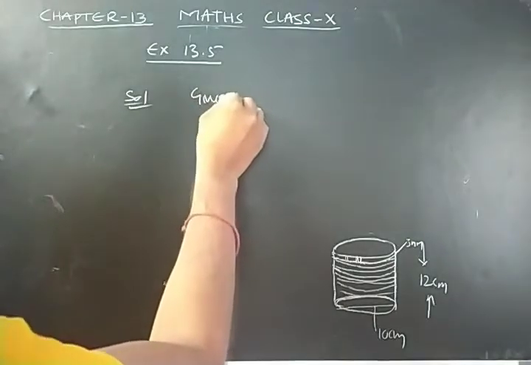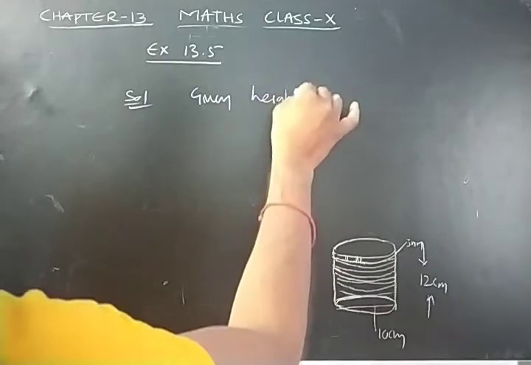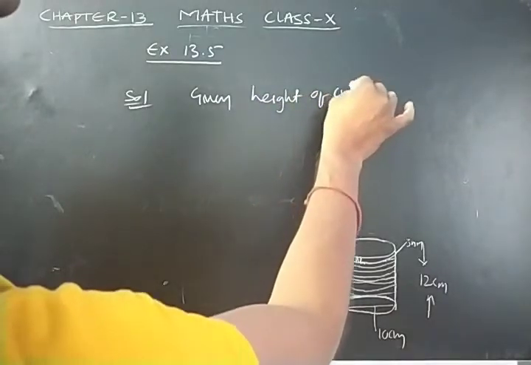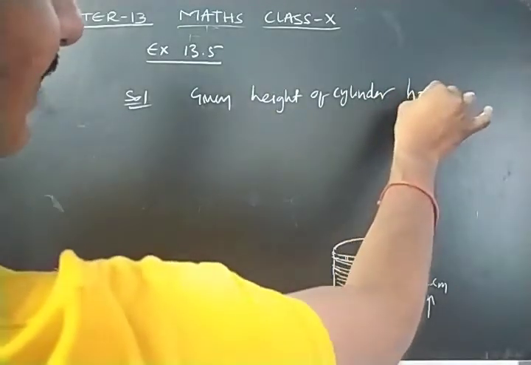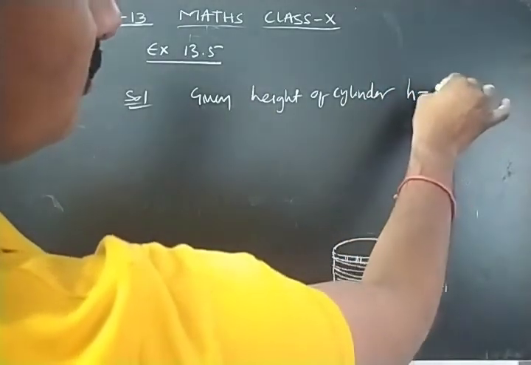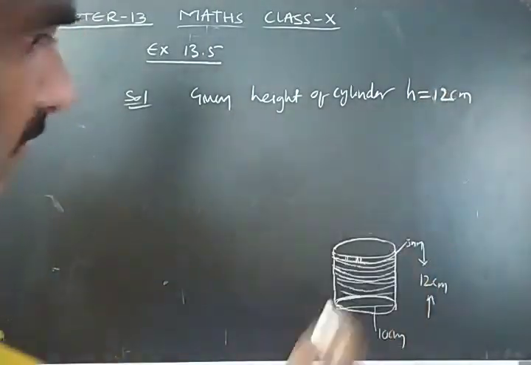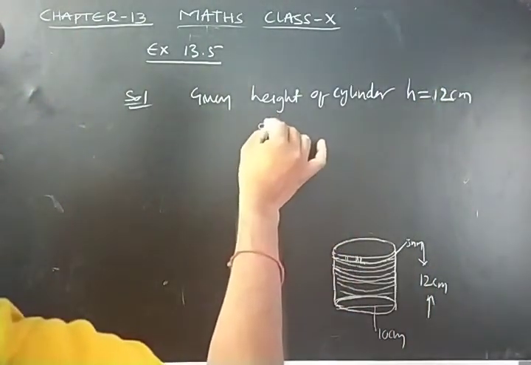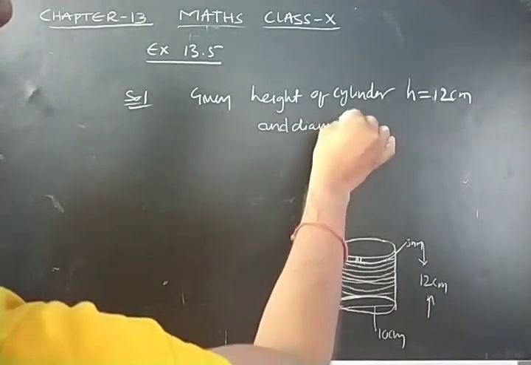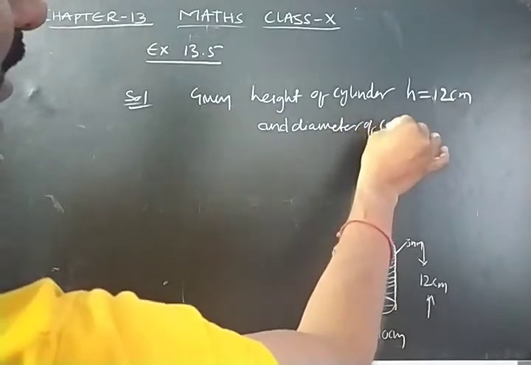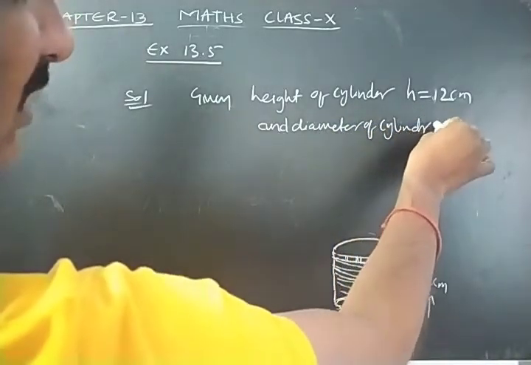Given, what is given here? Given height of the cylinder. I am taking height of the cylinder as h, which is 12 centimeters, and diameter of the cylinder is 10 centimeters.